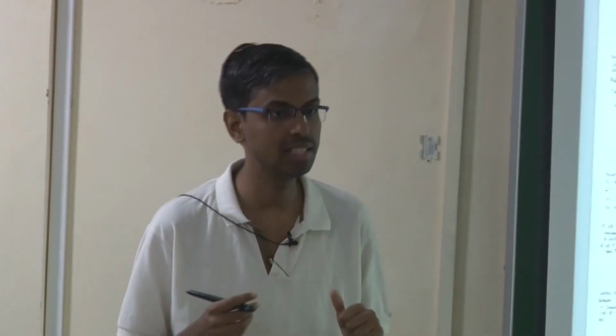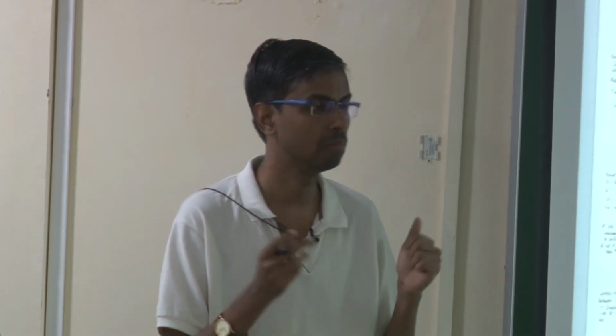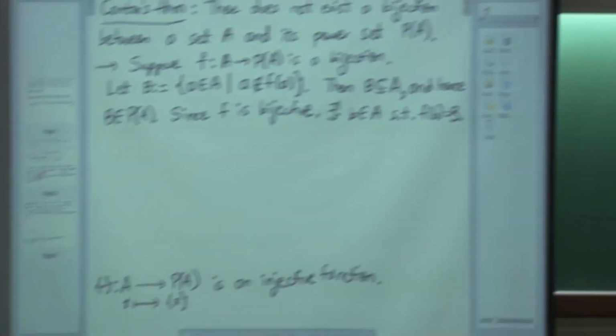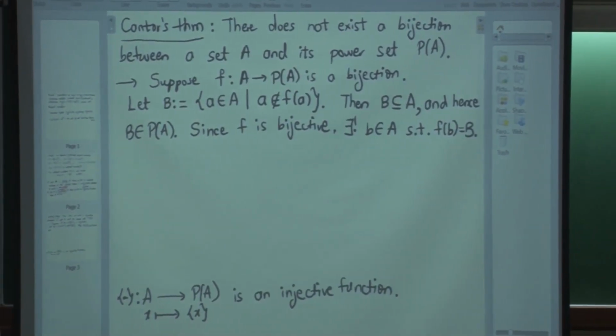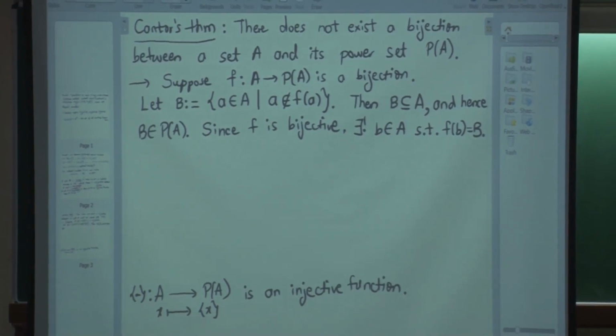So there exists a unique element B because of bijection. We could have also assumed surjection, and we would have got some B such that f of B is equal to B.